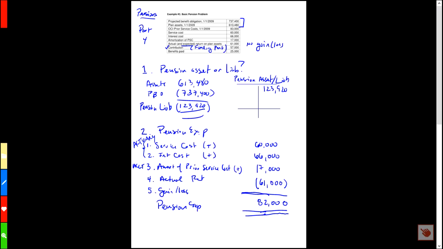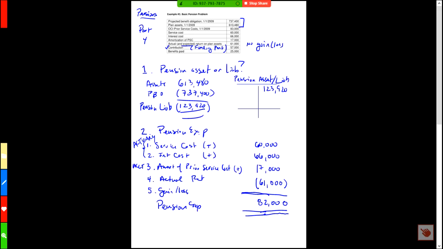We take all these components from the actuary, and then there's the amortization of prior service cost calculation, not shown, we just got the number. This is really somewhat complicated conceptually, but the rules are so clear cut, so definitive, that you just have to follow the rules to get the number. We'll talk more about what it means, but the first thing you have to do is calculate the number, which is 82,000.